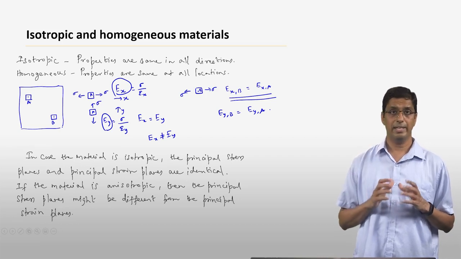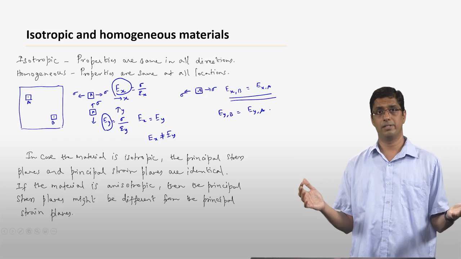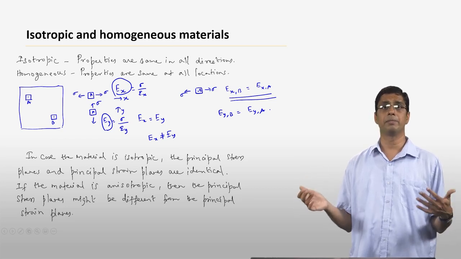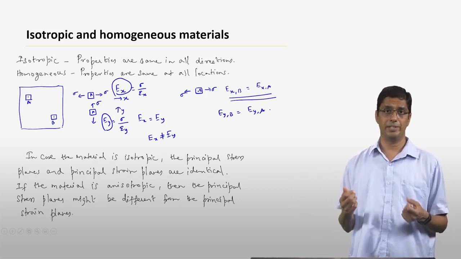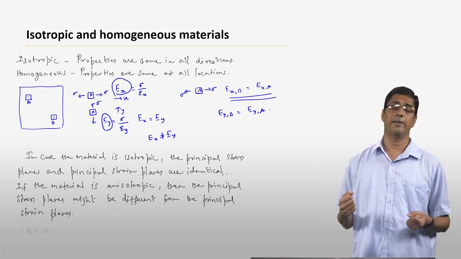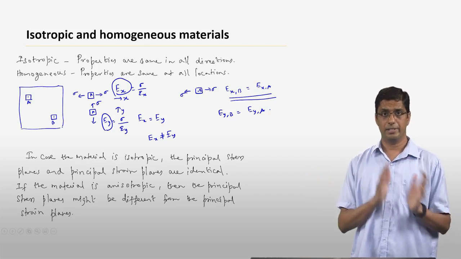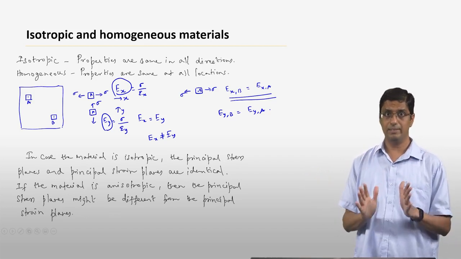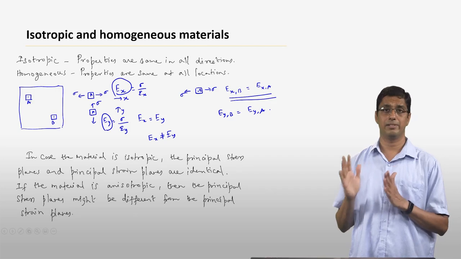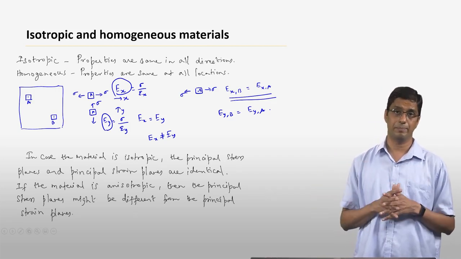On the other hand, if a material is isotropic, then the principal planes of stress are the principal planes of strain. Whichever direction you have the maximum normal stress will also have the maximum normal strain. So if a material is isotropic, the principal stress directions and the principal strain directions are the same.